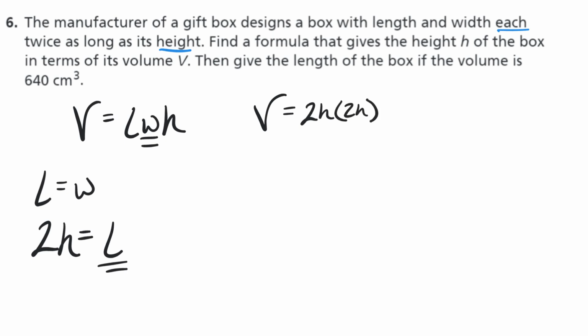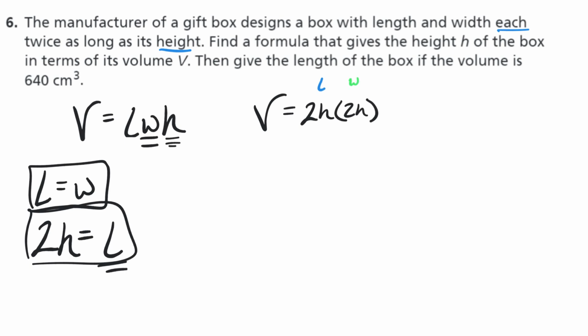Let's think about why that is. Reason why is because the width is equal to the length and the length is equal to 2h. So we substitute both of these in. The reason why we would do this is because we want to have a function with one variable. So, little note to ourselves, length is equal to 2h, width is equal to 2h, and then the last thing was the h, so we have h here.